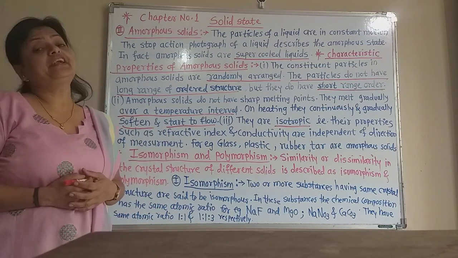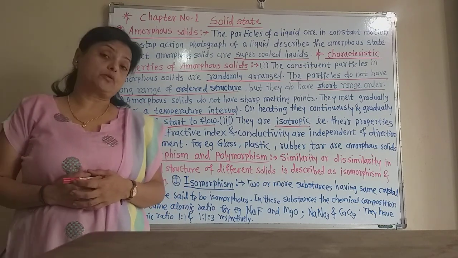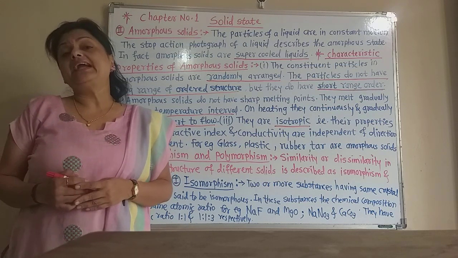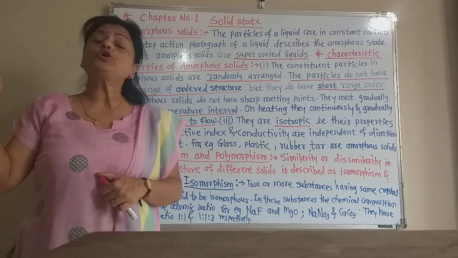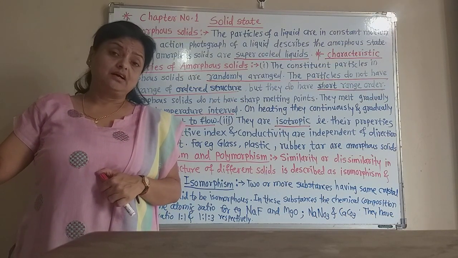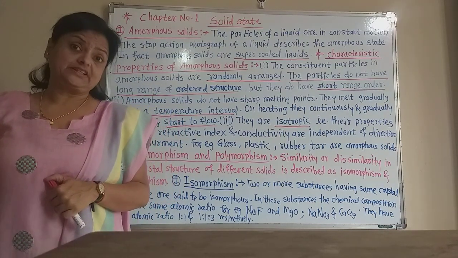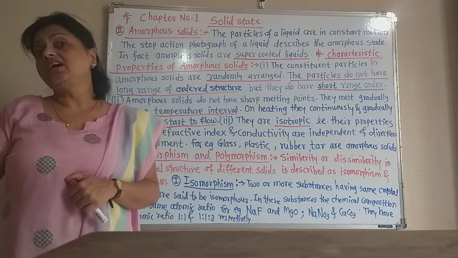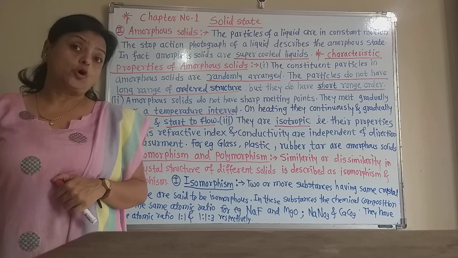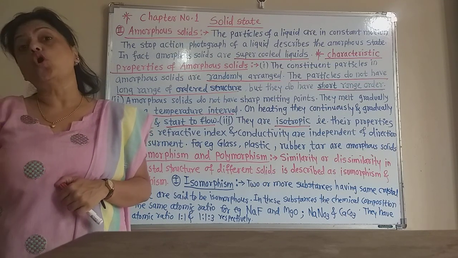Now which are the characteristic properties of these amorphous solids? We learned that in the crystalline solid there is a definite arrangement of the particles over a long range. That means there is regularity and periodicity in the arrangement of the particles of crystalline solids over a long range.